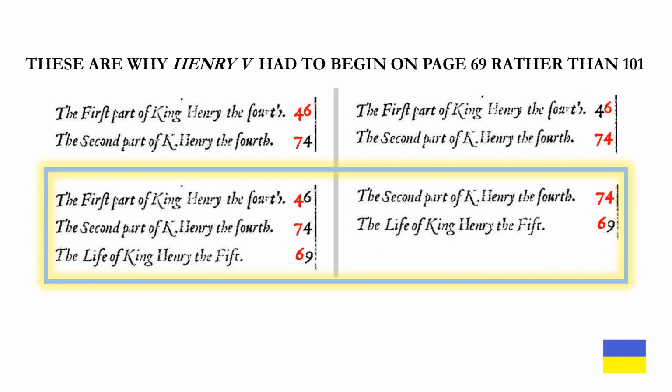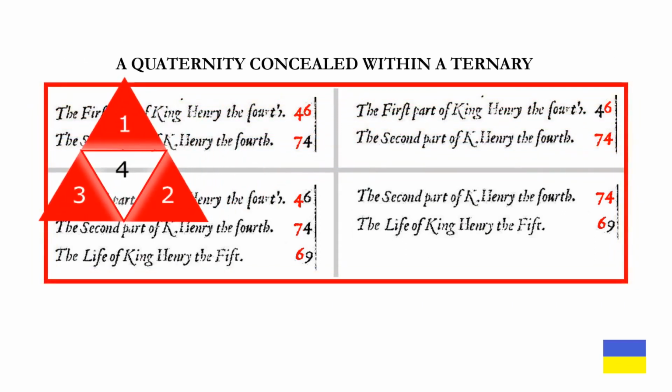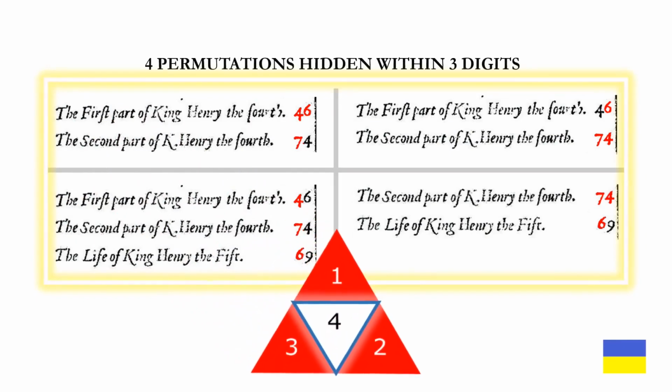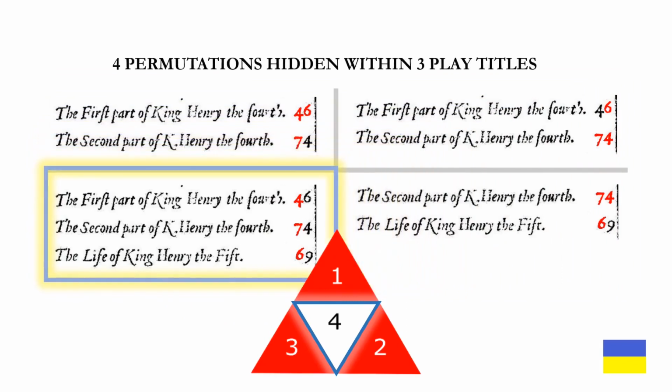It was quite a while after I discovered this that I finally clicked what is going on. This is another quaternary concealed within a ternary, just like the quaternion in the physical book. 4 permutations hidden within 3 digits and 4 permutations hidden within 3 play titles.